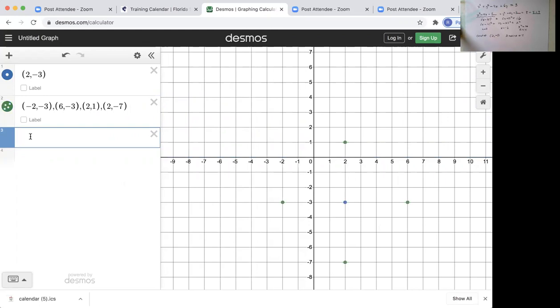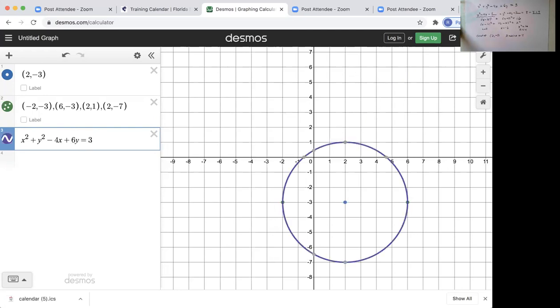That's what we're going for. So let me copy it down. x squared plus y squared minus 4x plus 6y equals 3. Will it go through those points? The answer is yes. So I feel pretty good about myself.